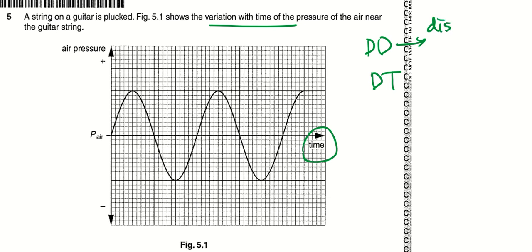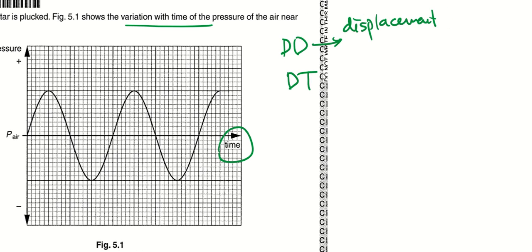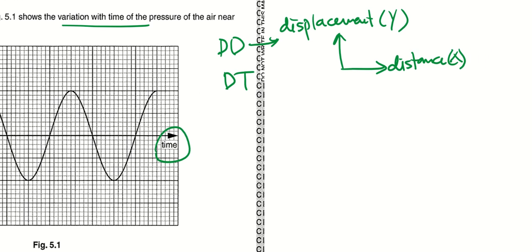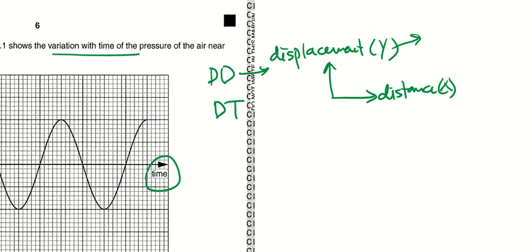It's actually displacement, which is our y-axis, versus distance, which is our x-axis. From the y-axis, we can get things like amplitude. Okay, from the x-axis, which is distance, we can get things like wavelength.